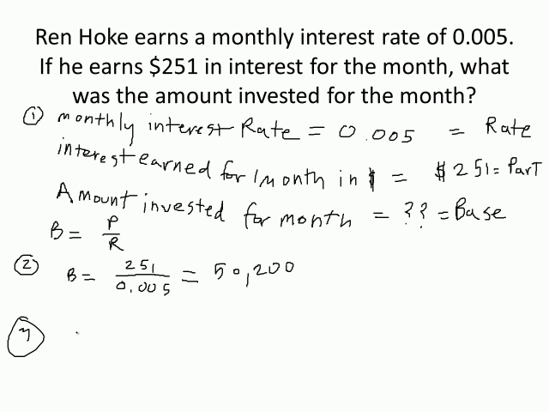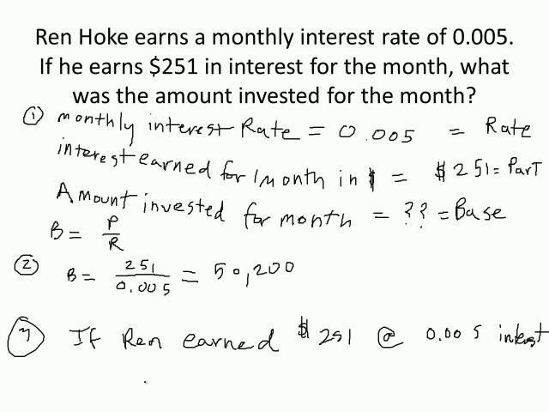I say, if Ren earned 251 bucks at 0.005 interest rate, then the amount invested.